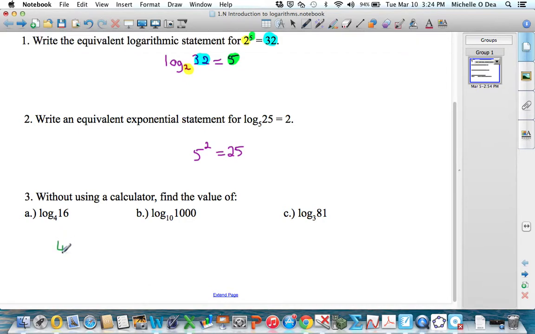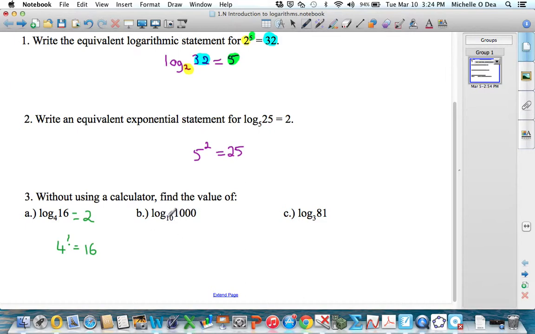If we rewrote this as an exponential, the base of the log, which is 4 in this case, stays the base of the exponential. So 4 to the power of something equals, and what you take the log of becomes the answer in the exponential. So 4 to the power of something must give us 16. So of course that's easy. We know that 4 to the power of 2 gives us 16. So that's the answer without even using a calculator.